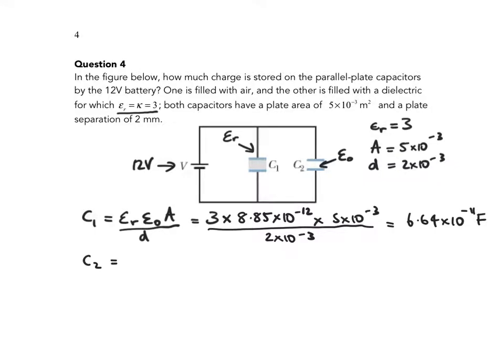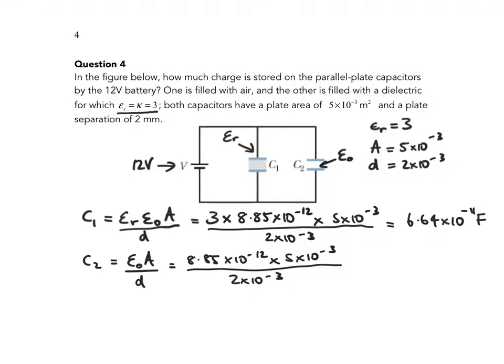We can assume that the relative permittivity of the air, well, let's just call it 1. It's pretty close to 1, so we can just say epsilon naught times A on D, which is 8.85 by 10 to the minus 12 times 5 by 10 to the minus 3 divided by 2 by 10 to the minus 3.